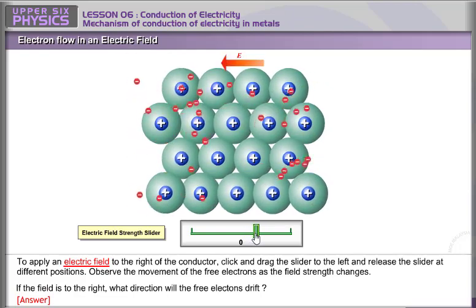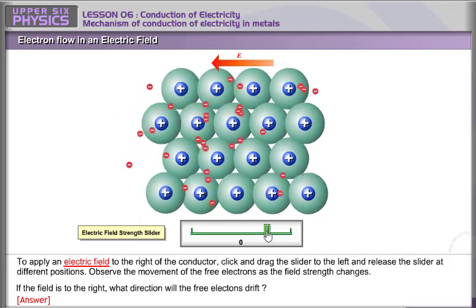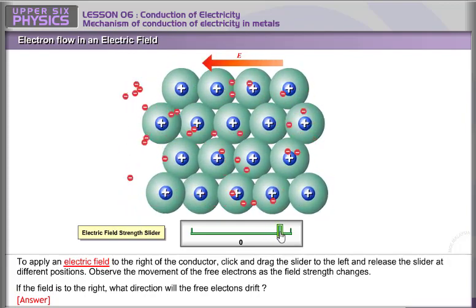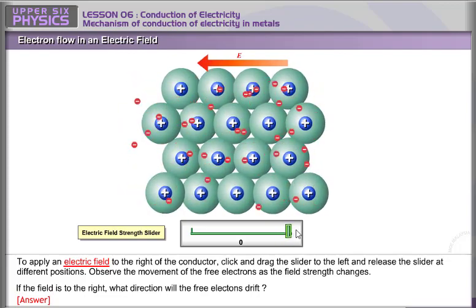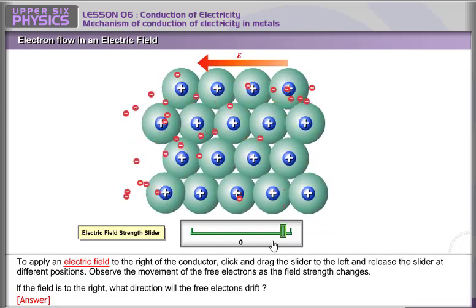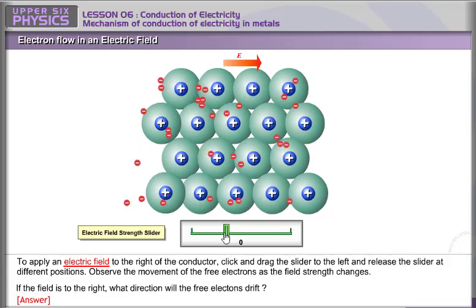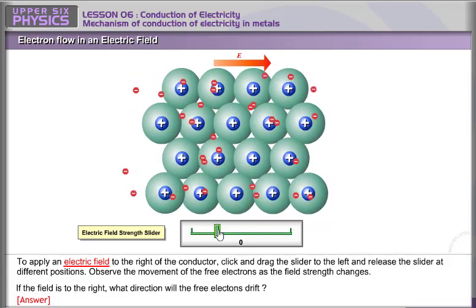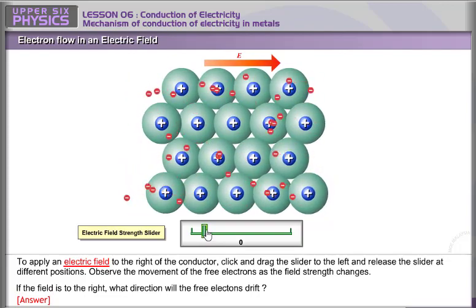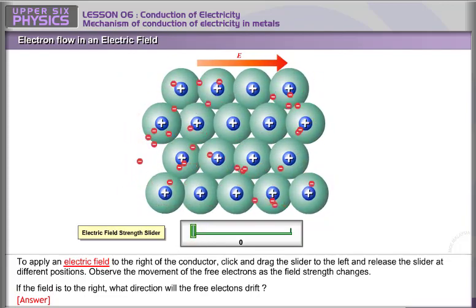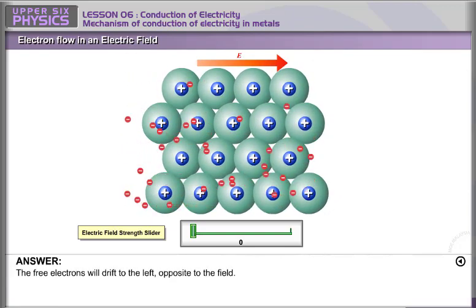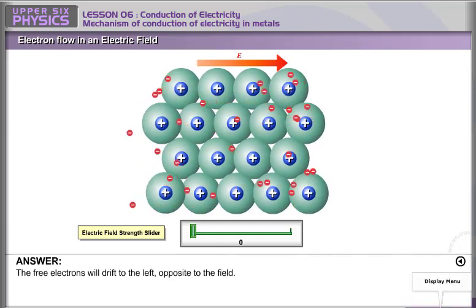If the field is to the right, what direction will the free electrons drift? Answer: the free electrons will drift to the left, opposite to the field.